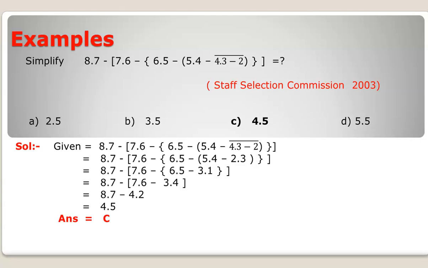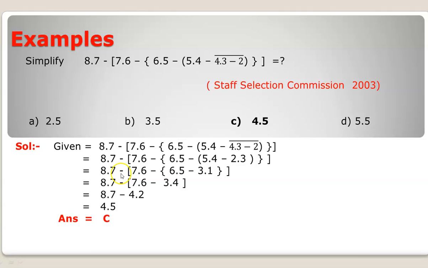Let us solve the vinculum bar calculation first: 4.3 minus 2 is equal to 2.3.